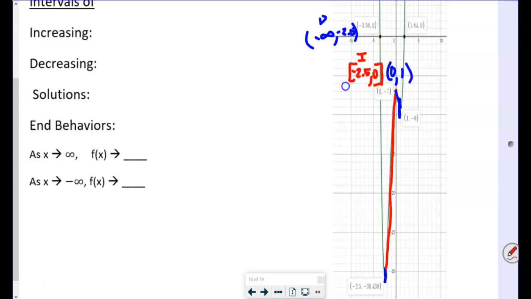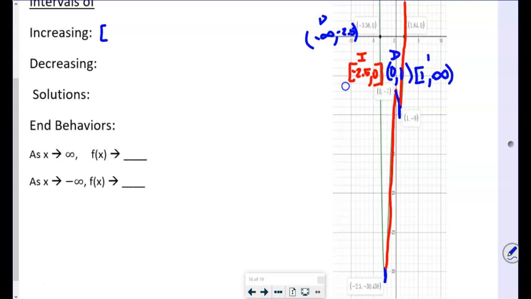And then we're going to pick it up again over here, and that's another increasing, isn't it, y'all? Let me put that one back there. Okay, so this last interval is going to be increasing as well. I'm going to do a bracket here, and I'm going to start that at 1, and I'm going to go on to infinity. And remember, I'm always going to close that with a parenthesis, okay? So when we talk about our intervals of increase and decrease for this one, our intervals of increasing were from, okay, so let's talk about this again.